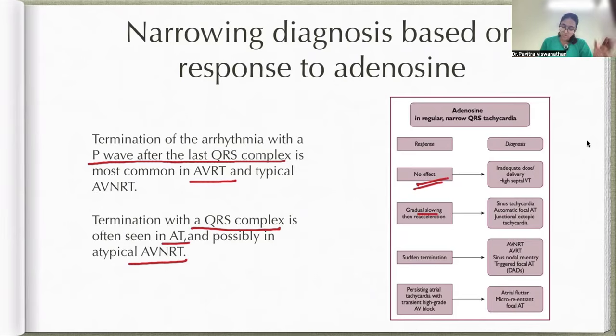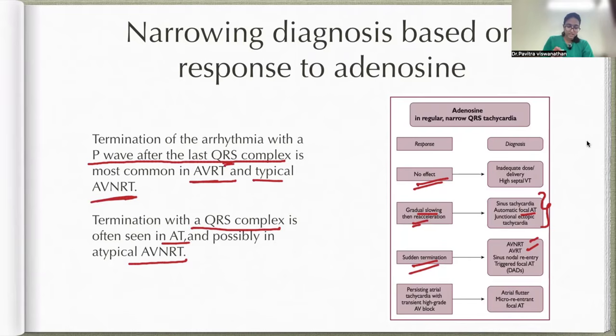If it is gradual slowing of heart rate and again there is reacceleration, then sinus tachycardia, automatic focal atrial tachycardia, junctional ectopics are possible. If it is suddenly terminating, like AVNRT or AVRT, depending upon where your complex is stopping: if P wave after the last QRS, then AVRT and typical AVNRT are the possibilities.